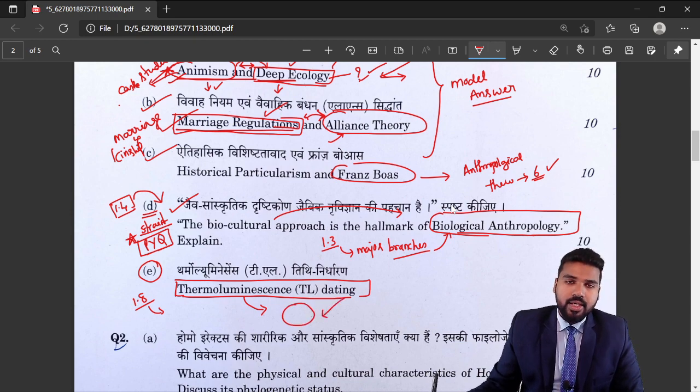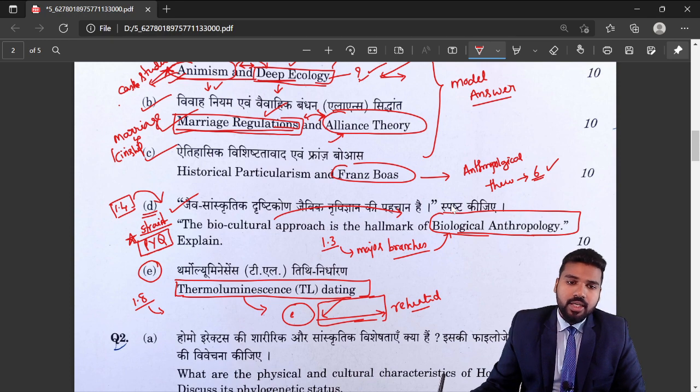As a result of it, it releases some electrons, and all these electrons are trapped within it. Now, when this object is heated, those electrons are released, and after a long period of time, when this object is reheated, once again those electrons are going to be released. Now depending upon the number of electrons that are released, we can calculate how long this object has been there, what is the age of this object.